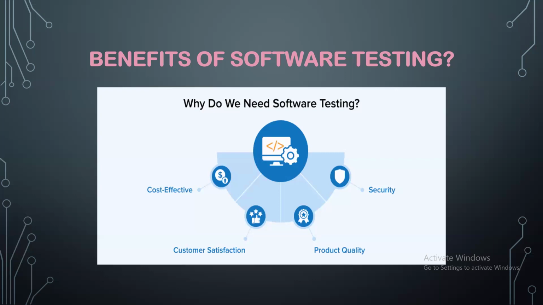Next, product quality. Whenever you buy something or deliver anything to a client, you check the product quality, right? You want to deliver the best quality and they want the best quality software. So how do we ensure delivering the best quality product to the customer?